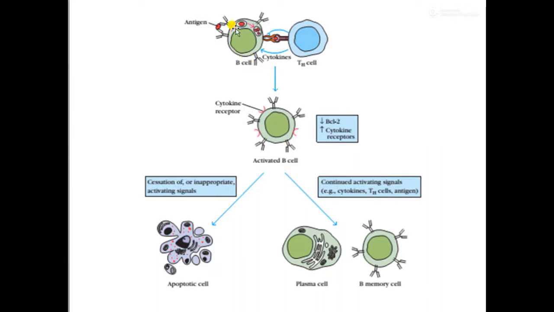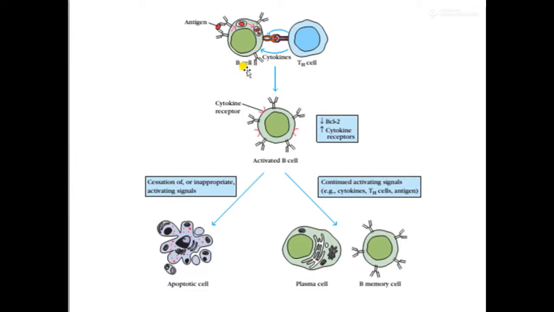At the same time, some of this antigen is also processed by the B lymphocyte and presented through another molecule called the MHC molecule. And this MHC bearing antigen is recognized by a type of T lymphocyte called the T helper cells.